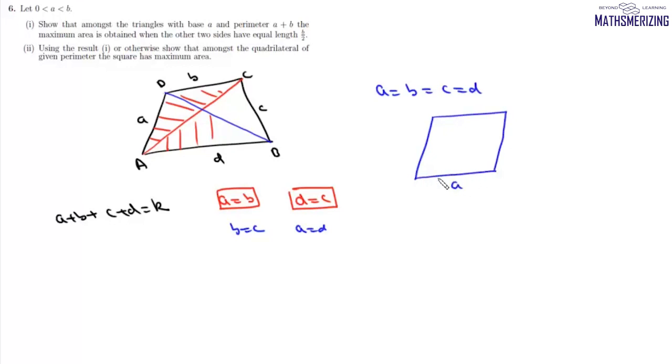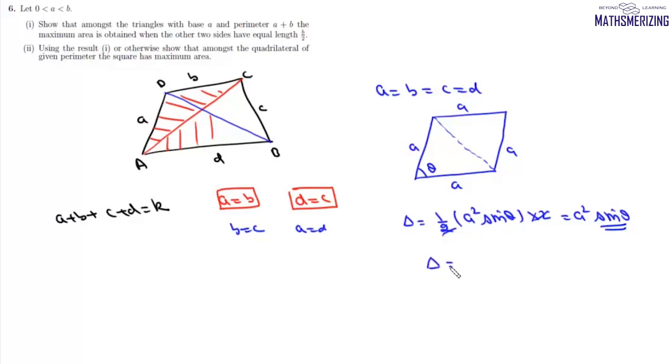Now suppose each side is a, and say this angle is theta. Now the area of the rhombus will be 1 by 2 a square sine theta into 2, so it will be a square sine theta. Now the maximum value of sine theta is 1.